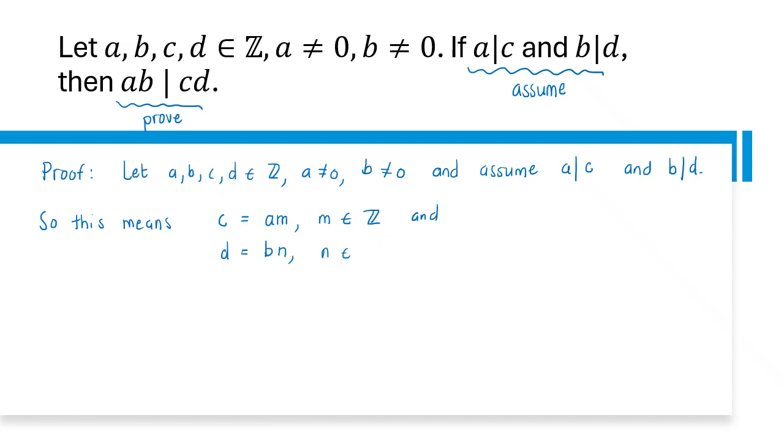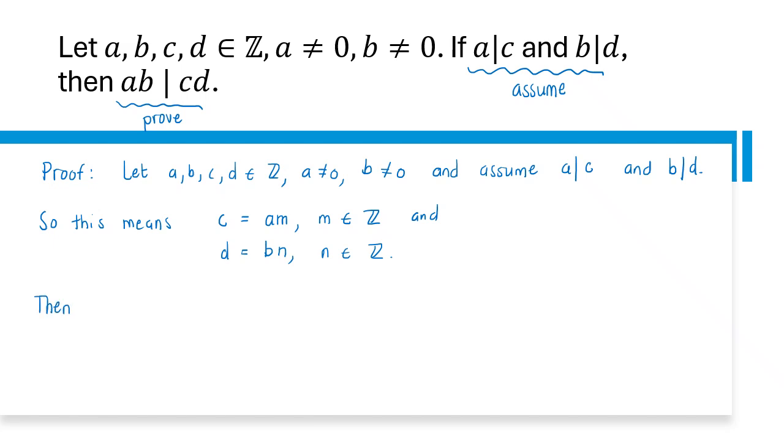And let's say this is N. This is what we have to work with. This is our assumption. What do we need to prove? We need to prove that AB is a divisor of CD. So our focus is going to be, can we describe CD as a product where AB is one of the factors? Okay, so let's start there.